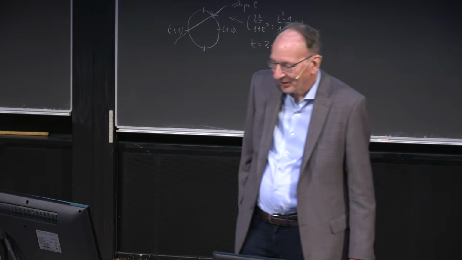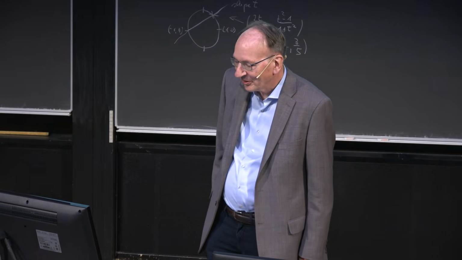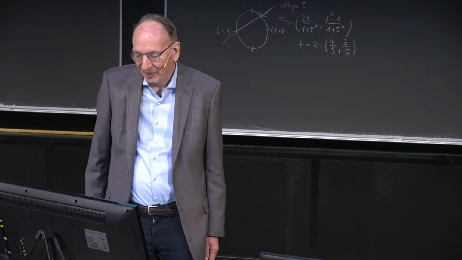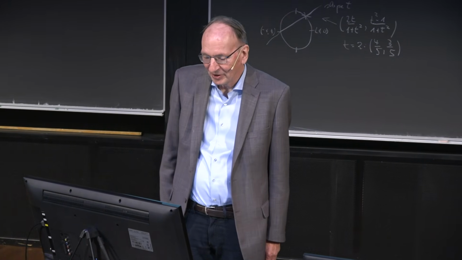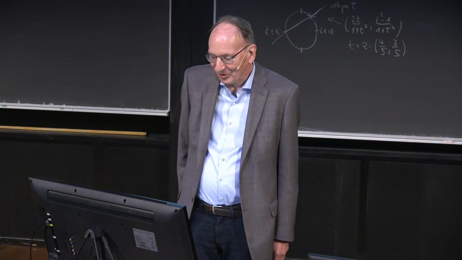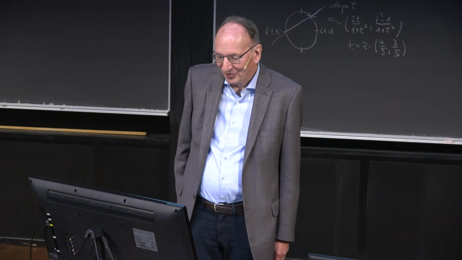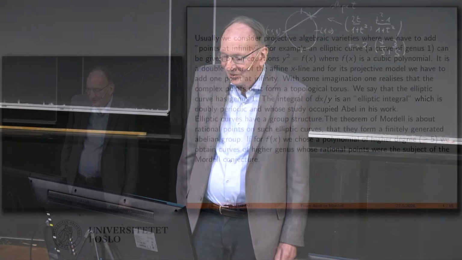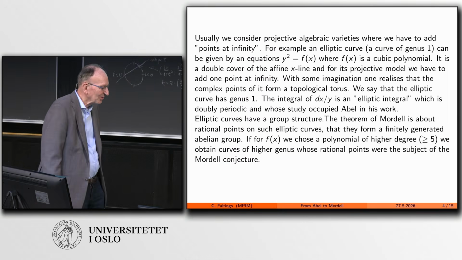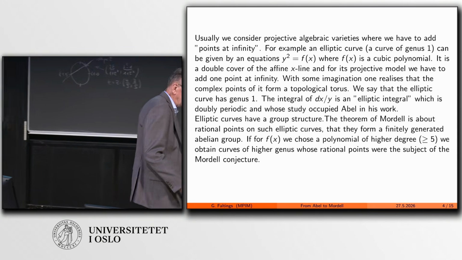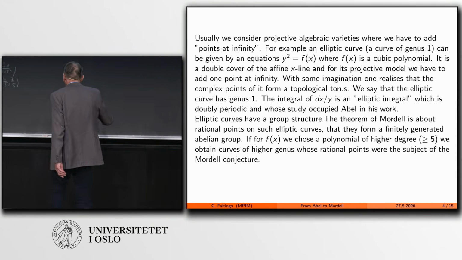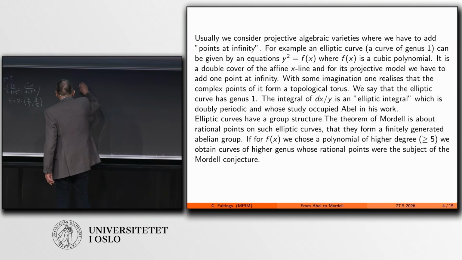And the easiest one is this: you take the square root of a cubic polynomial, which is a little bit cheating, because you have to add infinity. But how does the curve look? Let's say you have the equation.